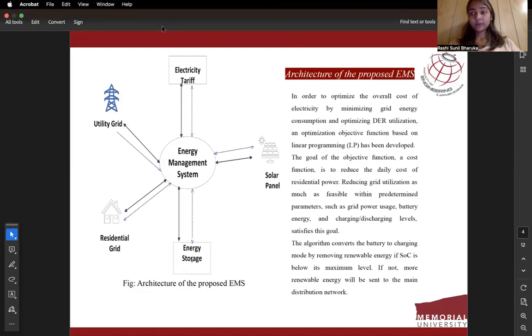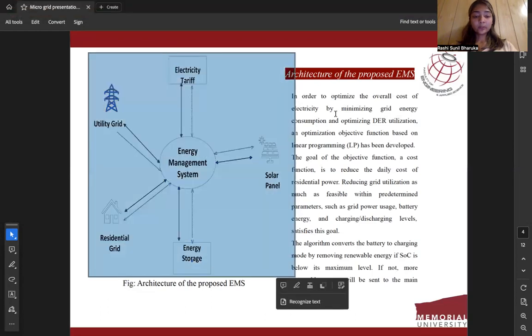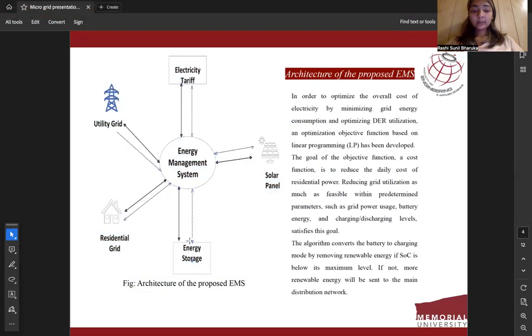The energy obtained from the other electricity resources is saved under the energy storage system and then further supplied to the residential grid. The reduced rates and bills are generated as the electricity tariff, after the utility grid microgrid has been optimized through the optimization technique.